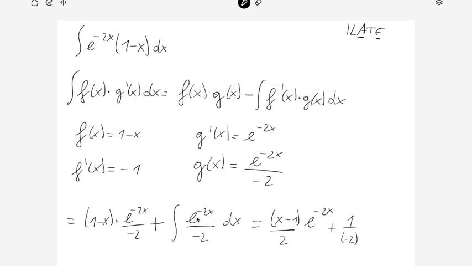The integral of e to minus 2x we computed here, so it is the same, e to minus 2x over minus 2. So, x minus 1 over 2 e to minus 2x, we have minus 2, it is 4, plus 1 over 4 e to minus 2x, plus an additive constant, of course.